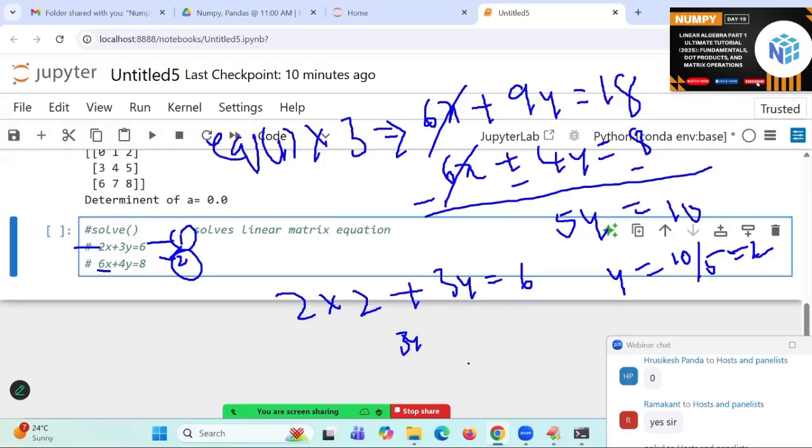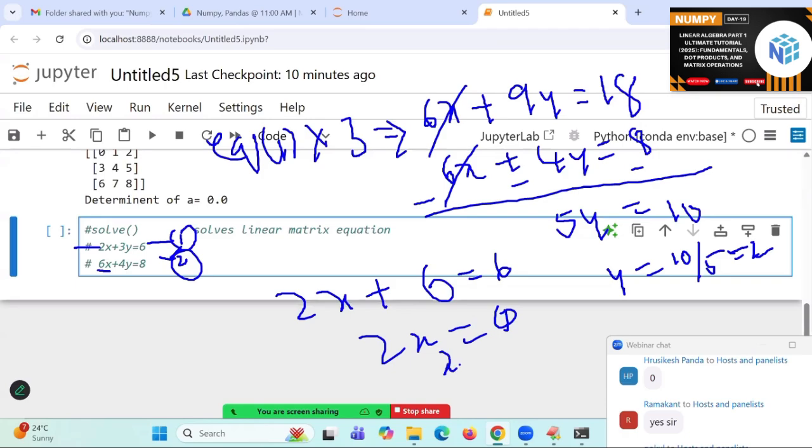Okay, correct, correct. The y value need to substitute, that is, x value need to find. So 2x plus 6 is equal to 6. 2x is equal to what? 0. 6 minus 6. x is equal to what here? 0. So x is 0, y is 2.